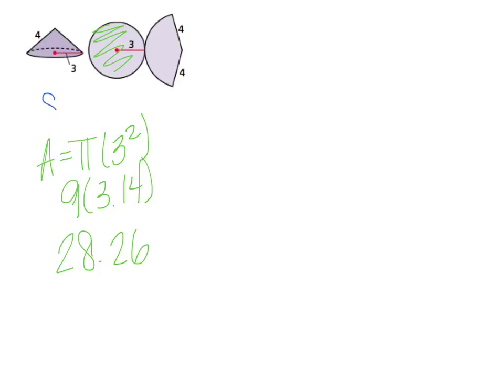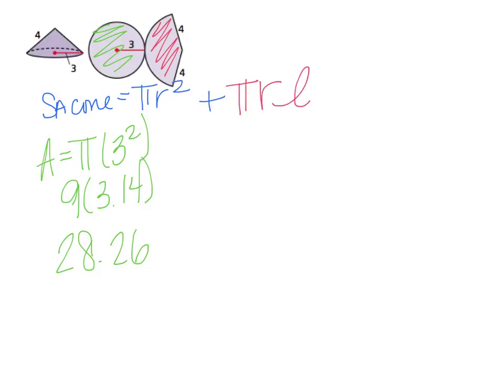So above it, I'm just going to create an overall formula. To find the surface area of a cone, it's going to be pi times radius squared. Then, just like we were doing before, we have to add it to the second part. To find the second part, we're going to do pi times radius times the slant height. So I'm going to find the area of that second one. I'm going to do pi, my radius is 3, and my slant height is 4.